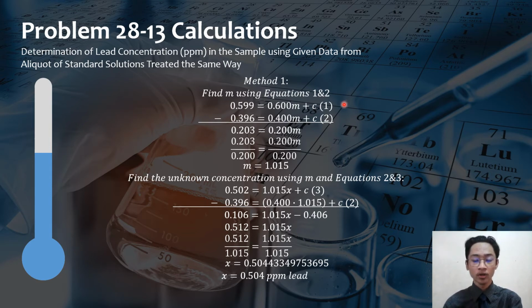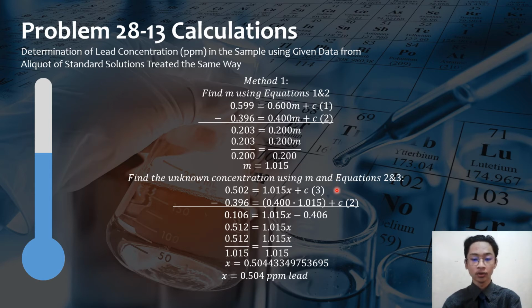Subtracting the equation 1 to equation 2, we get 0.203 is equal to 0.2 m, and dividing both sides by 0.2 to cancel out 0.2 with m, we get m is equal to 1.015.